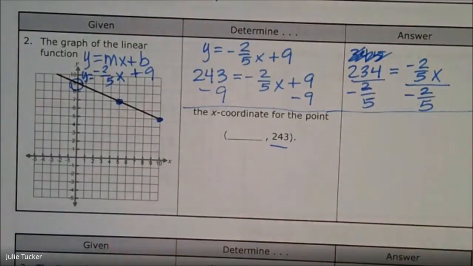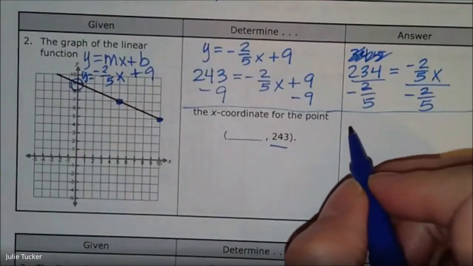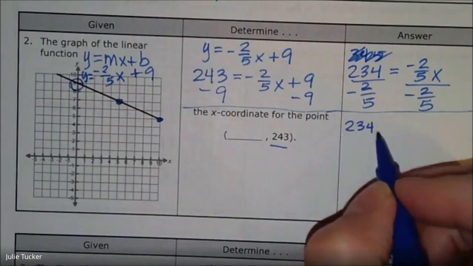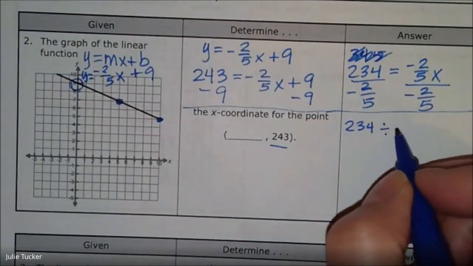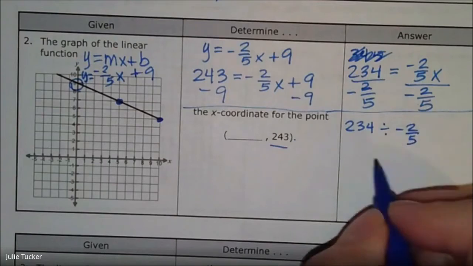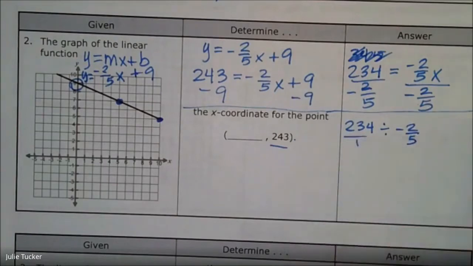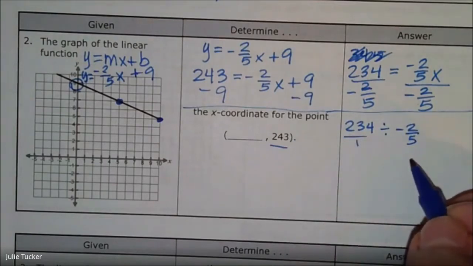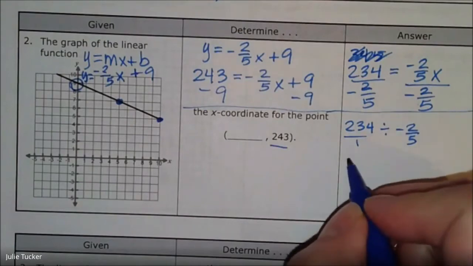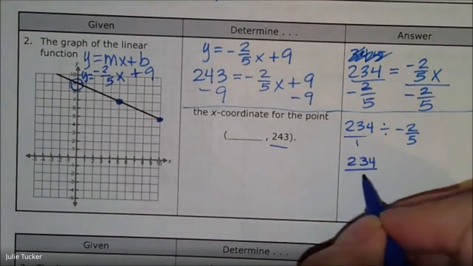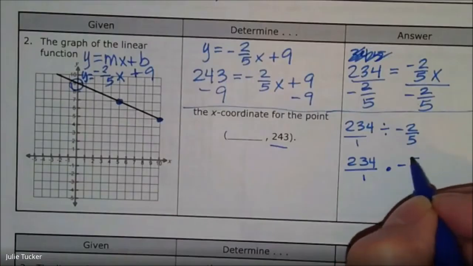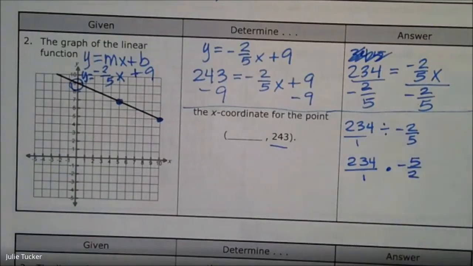Do 234 divided by -2/5, okay? So we're going to write 234 over 1. Then don't you have to flip and multiply when you do that with fractions? Yeah. So that'll be times -5/2.